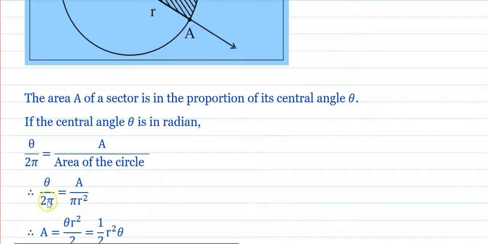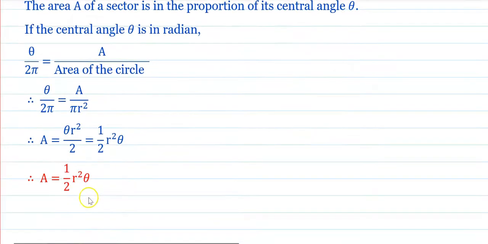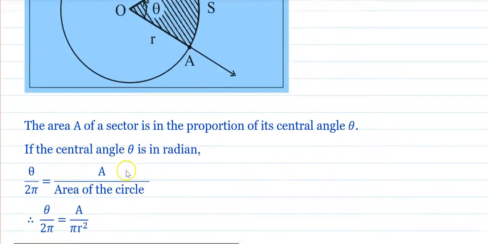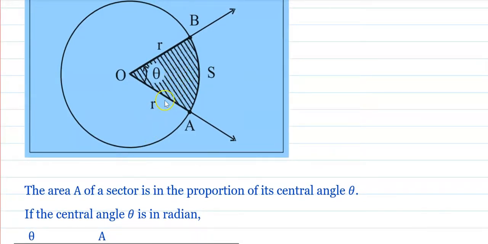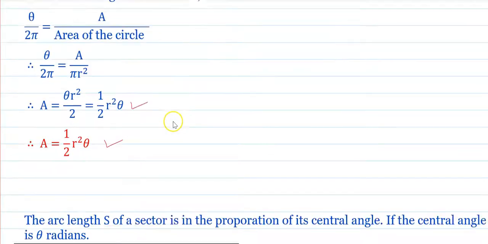That is theta upon 2 pi is equal to capital A upon pi r square, and hence capital A is equal to theta into r square upon 2, and hence you will get capital A is equal to 1 upon 2 r square theta, and this is the formula for area of sector. The shaded portion represents the area of the sector.